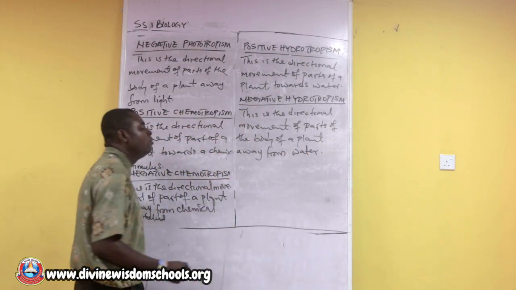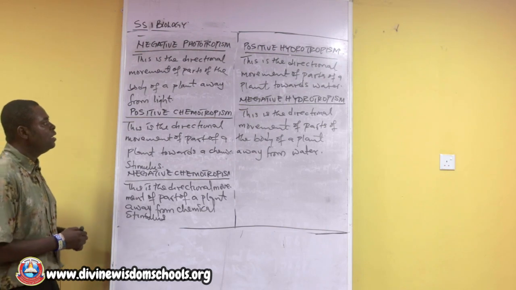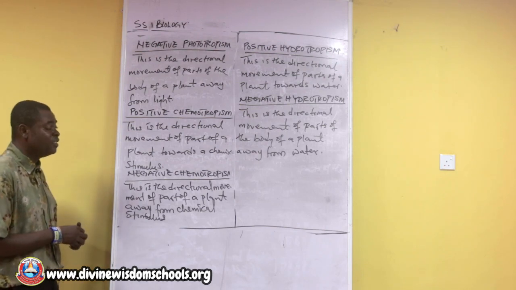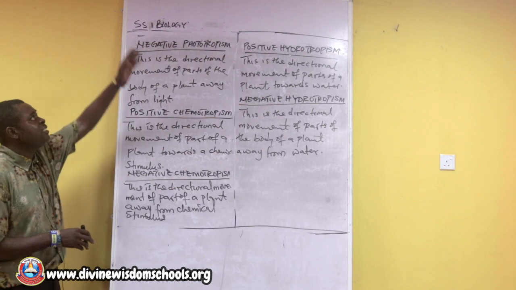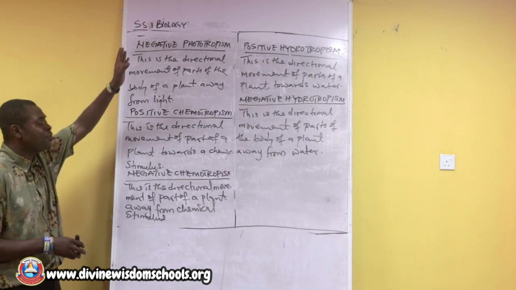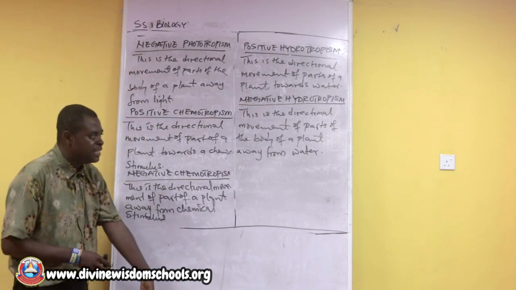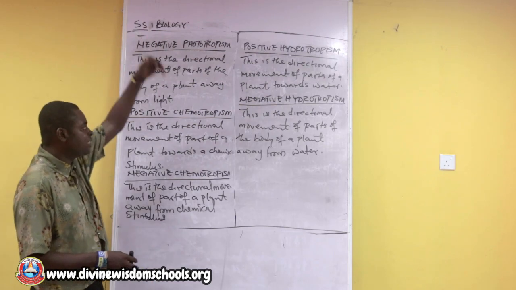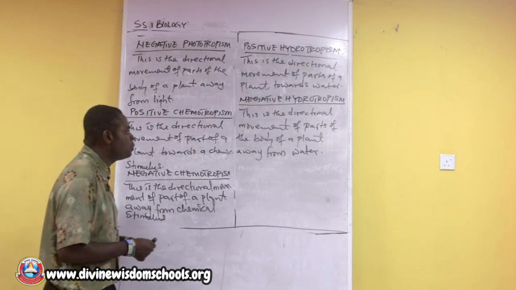For example, the root of the plant. Water is from the rain water from the sky, but the root is growing downwardly away from the sky. That is negative hydrotropism.